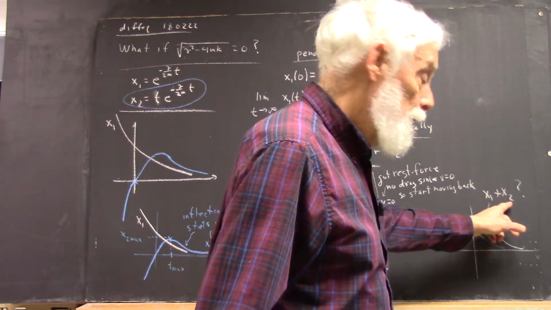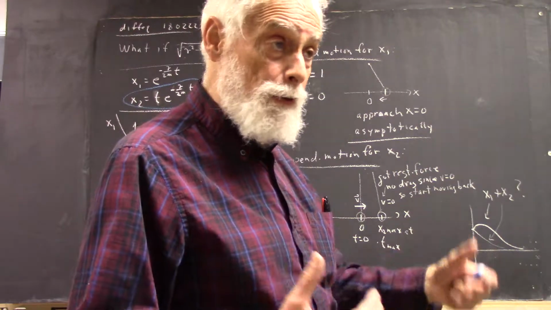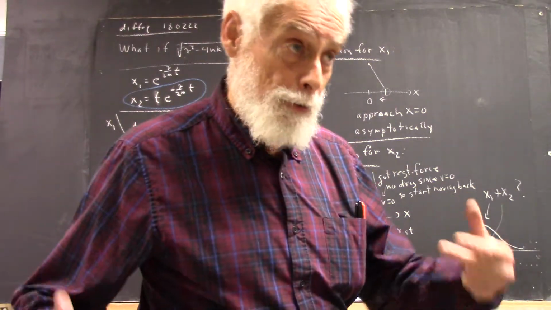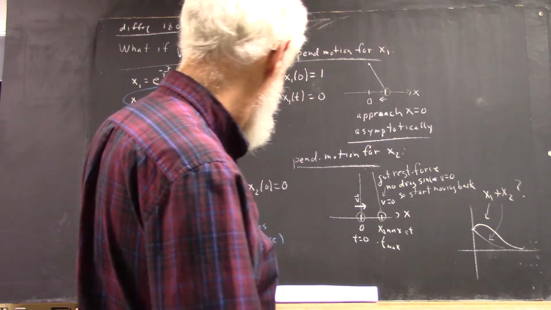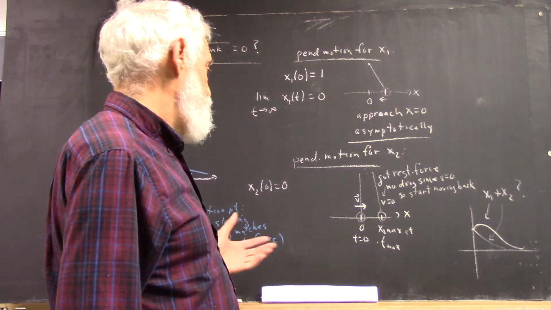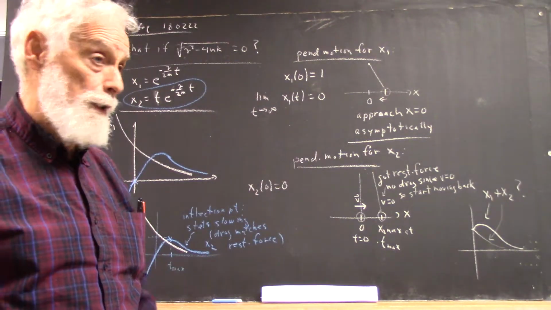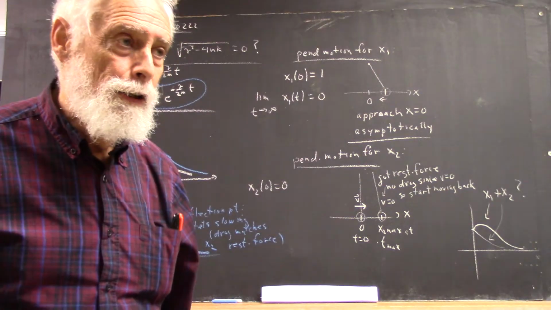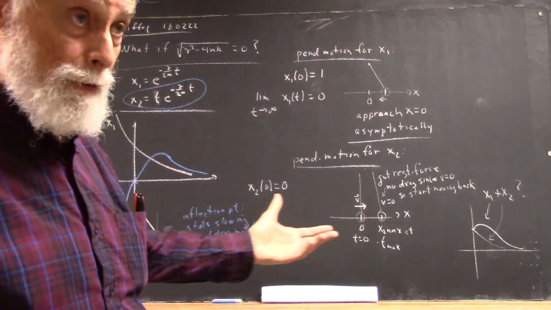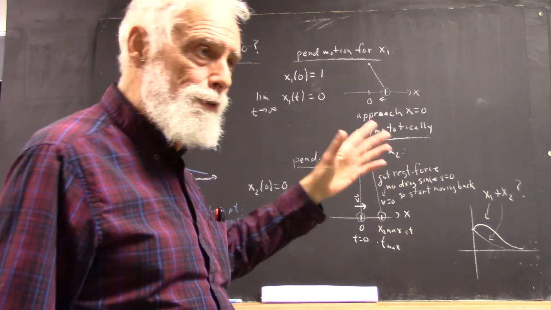So combinations of x1 and x2 will match anything that can happen with that perfectly damped, critically damped pendulum, okay? And think through it intuitively in terms of the pictures. The algebra is not that difficult. We can add these functions and apply initial conditions, and that's not particularly hard. But understanding what that tells us about the motion is the critical thing.